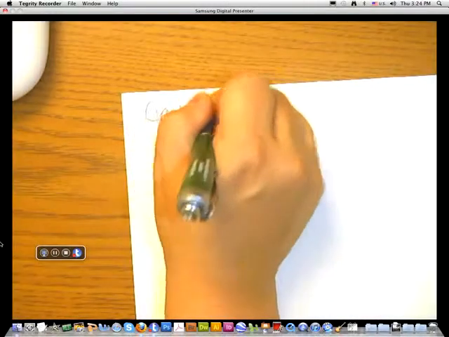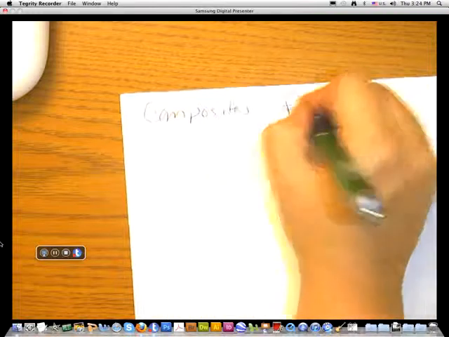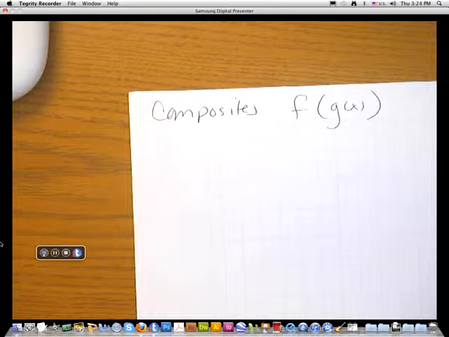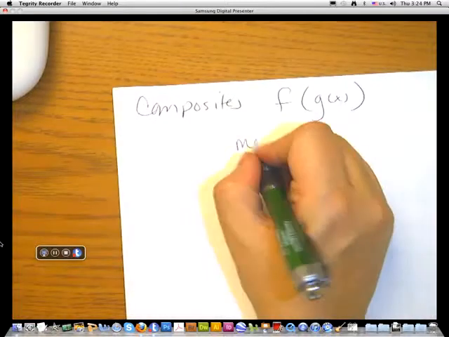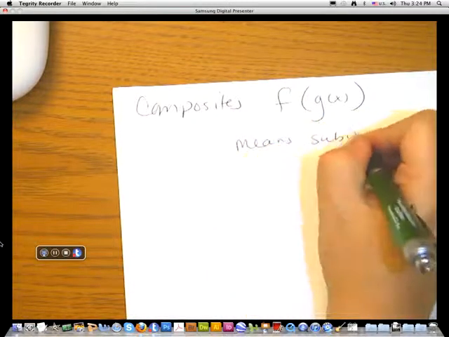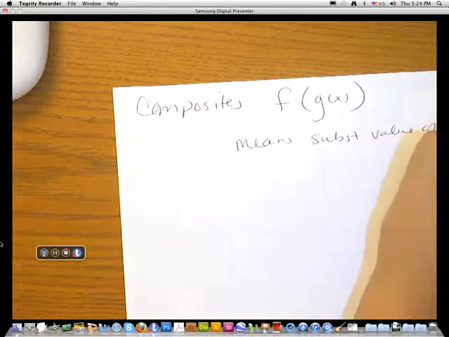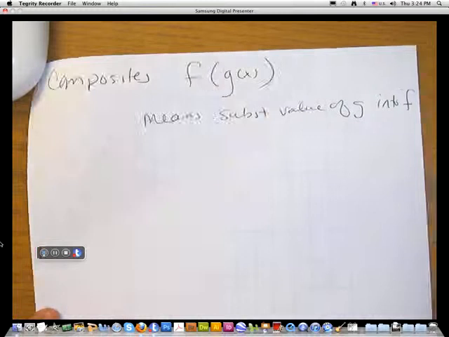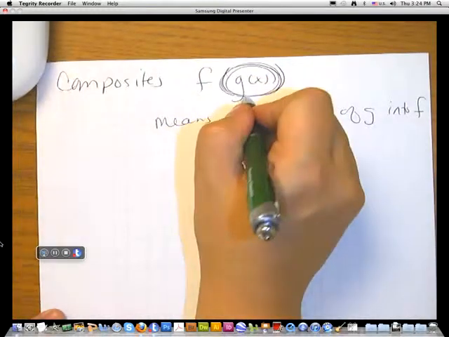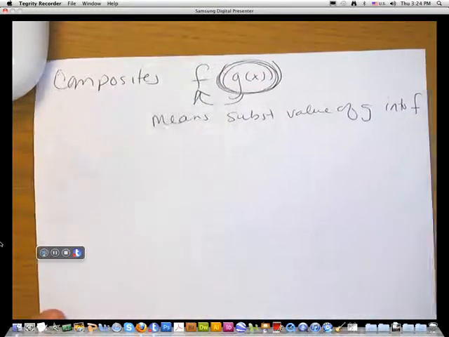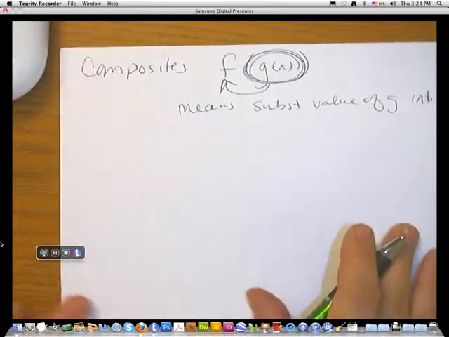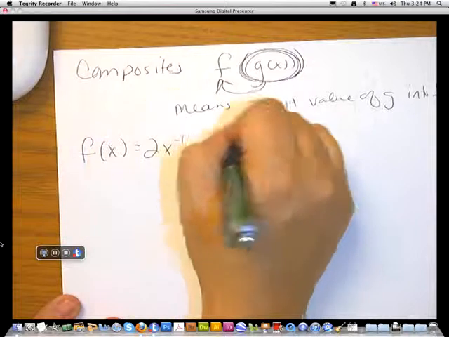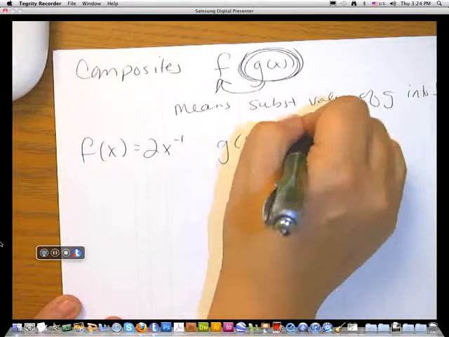The next thing you're going to do with them is you're going to make composites. And it looks something like this. f of g of x. What it means is we're going to substitute the value of g into f. Whatever g is, we're going to put into f. So if I have f of x is 2x to the negative 1, and g of x is x squared minus 1.